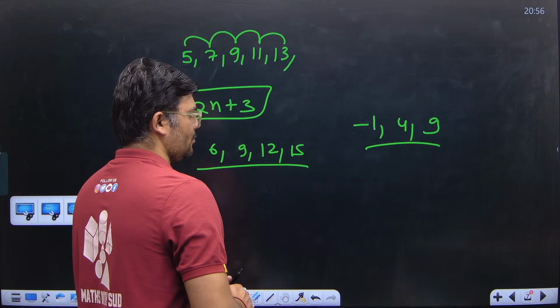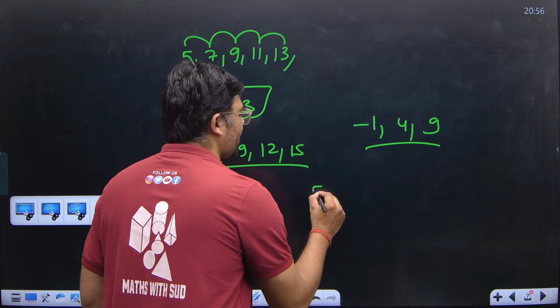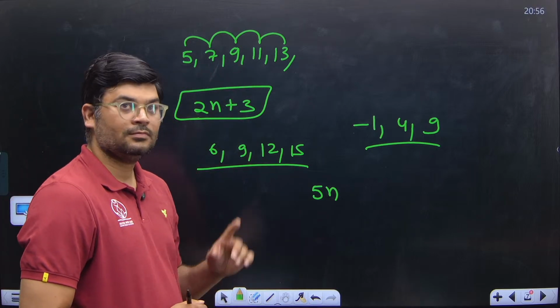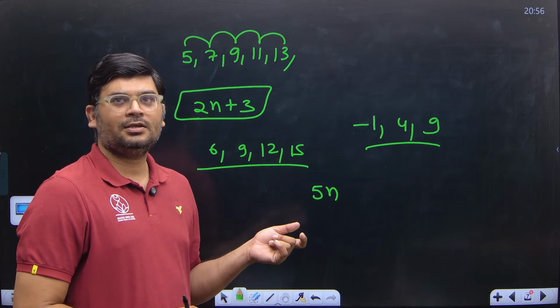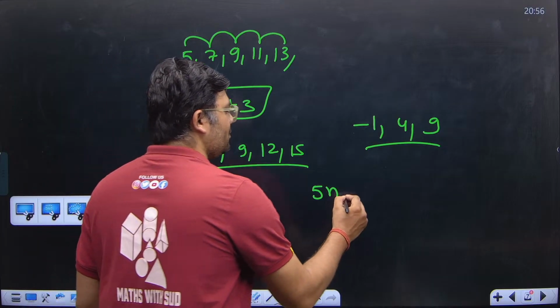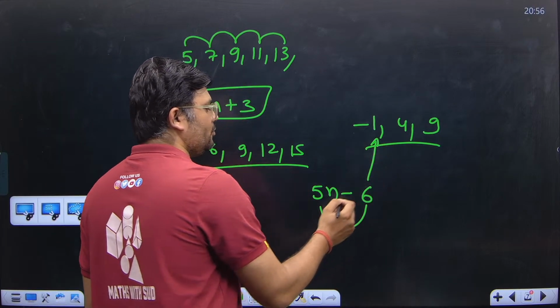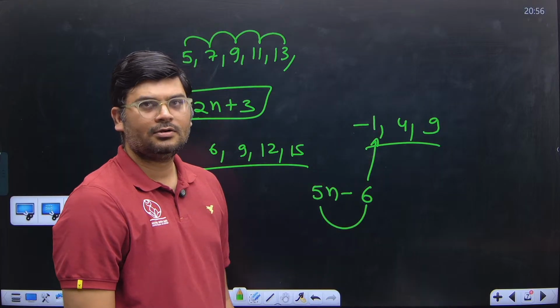Is the common difference 5? Yes. So first you will write 5n. 5n plus 3. No, how plus 3? Minus. Yes. 5n minus 6, because 5 minus 6 is -1. You need to go to -1. Are you getting it? Yes, sir.